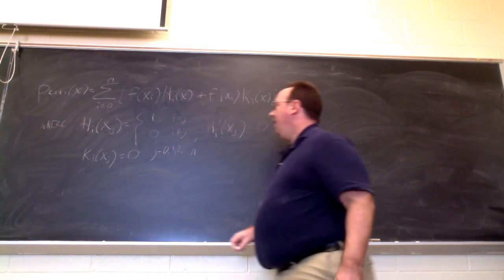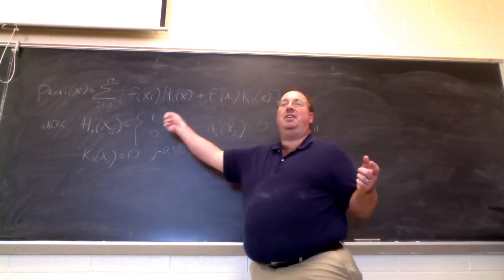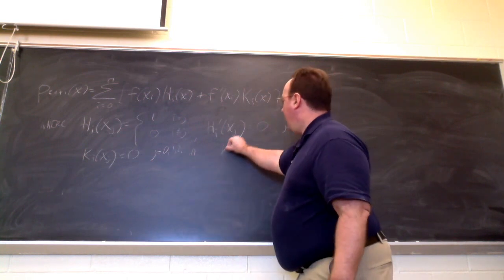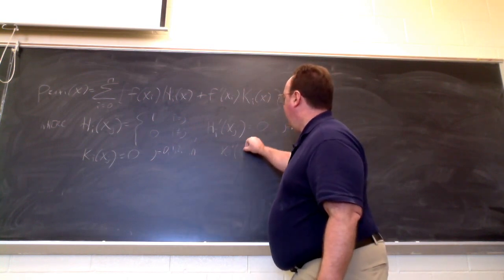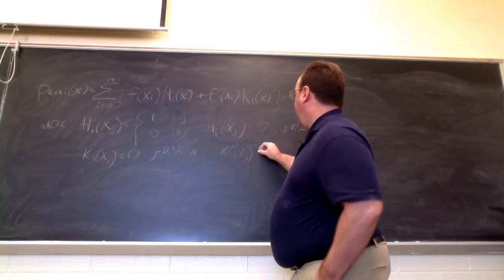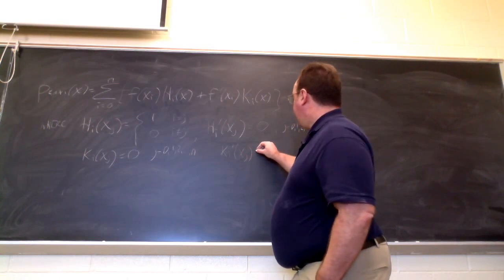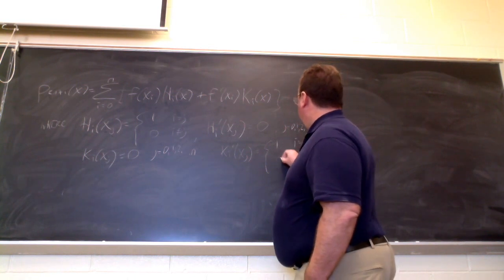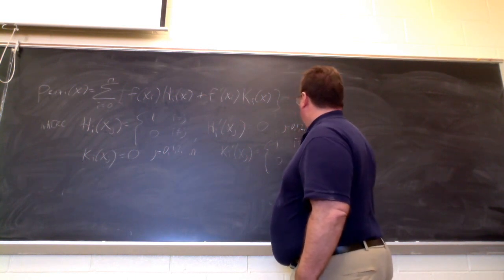And then we have something like this, which is kind of Lagrange-like for the derivative: k_i prime of xj will be 1 if i equals j, and 0 otherwise.